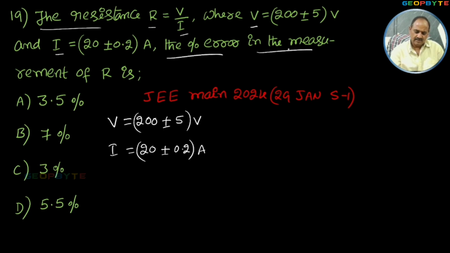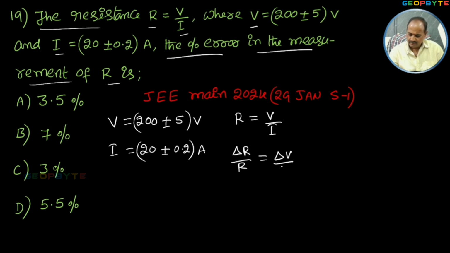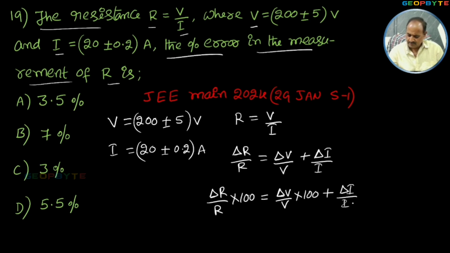The percentage error in the measurement of R. Since R equals V by I, ΔR/R equals ΔV/V plus ΔI/I. For the percentage error, ΔR/R × 100 equals ΔV/V × 100 plus ΔI/I × 100.